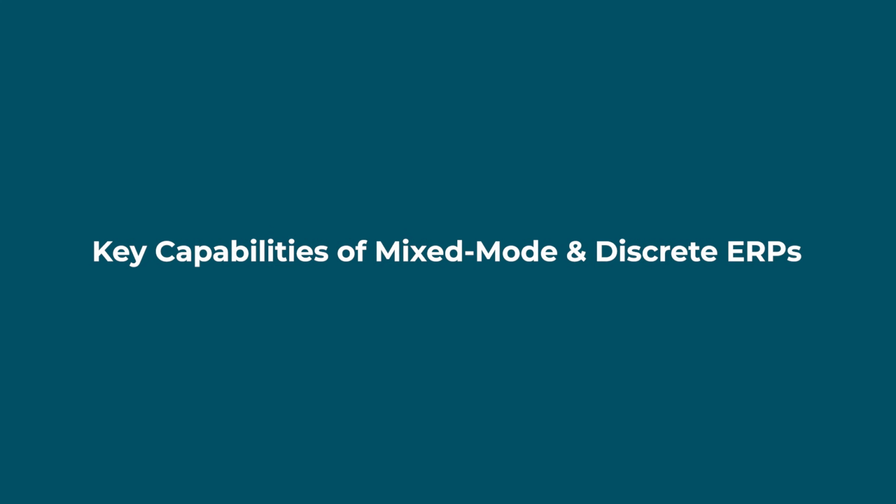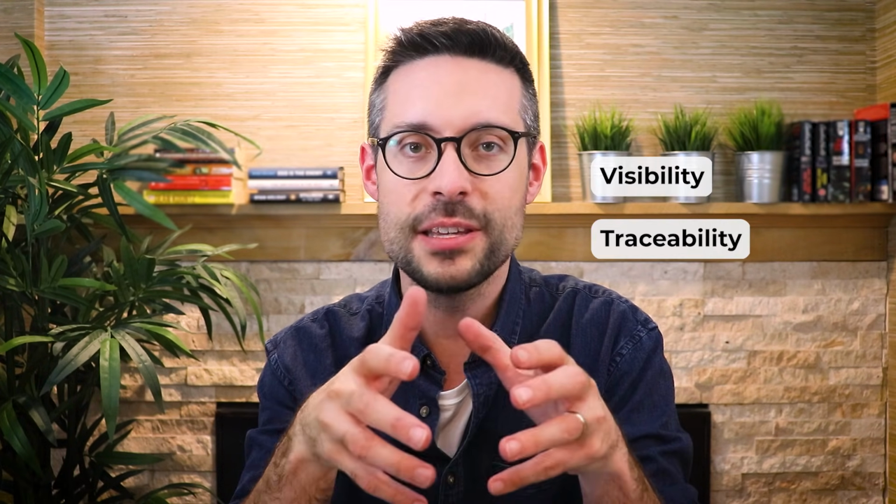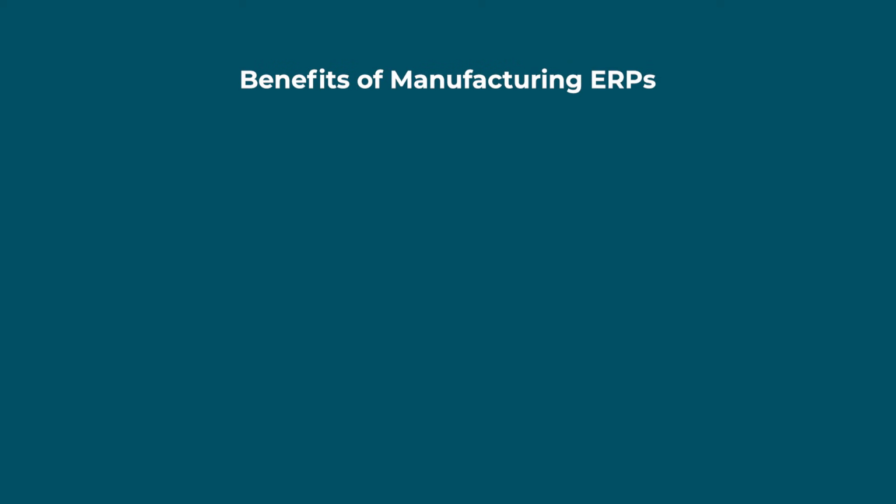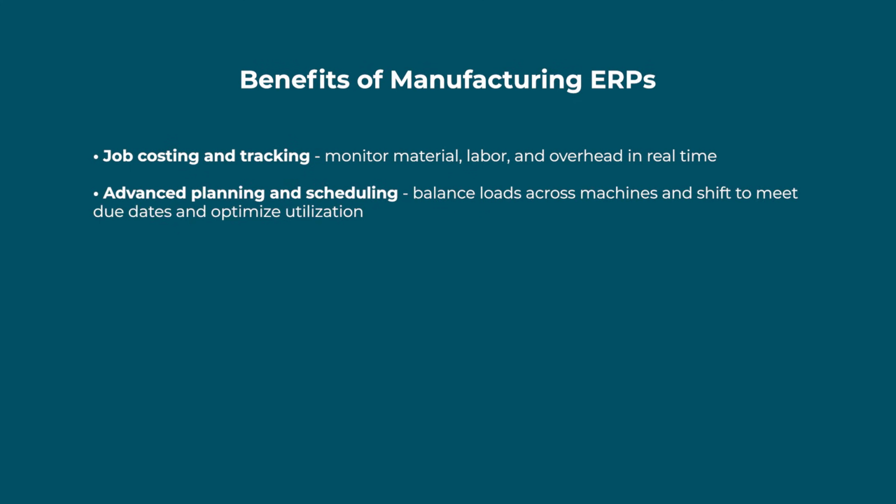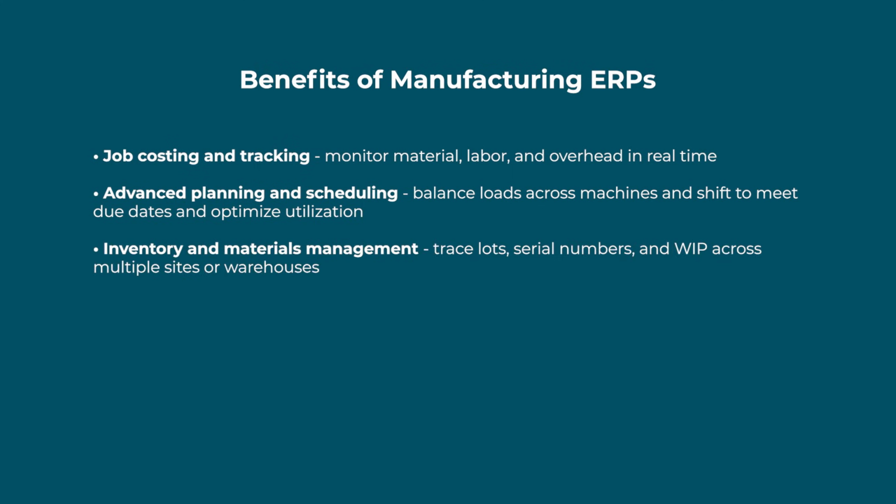Key capabilities of mixed mode and discrete ERPs. Modern manufacturing ERPs deliver three core benefits: visibility, traceability, and control. Here's what that looks like in practice. Job costing and tracking. Monitor material, labor, and overhead in real time. Advanced planning and scheduling. Balance loads across machines and shift to meet due dates and optimize utilization. Inventory and materials management.